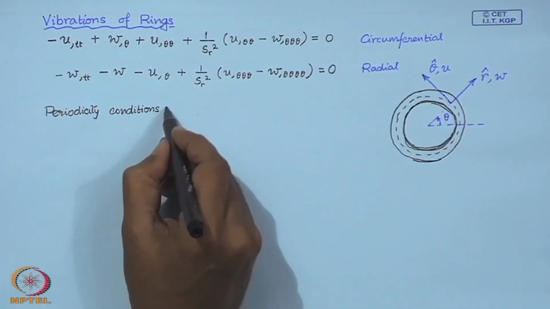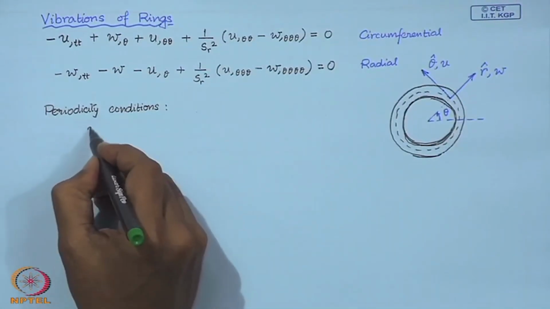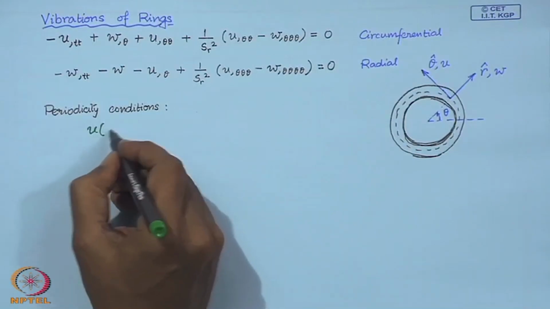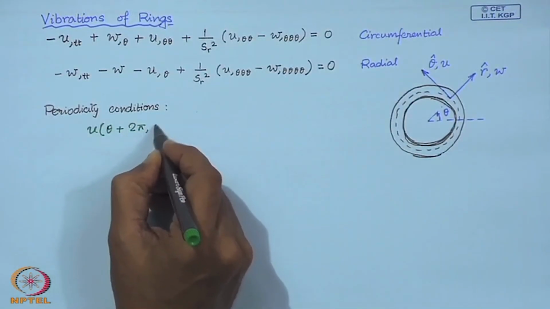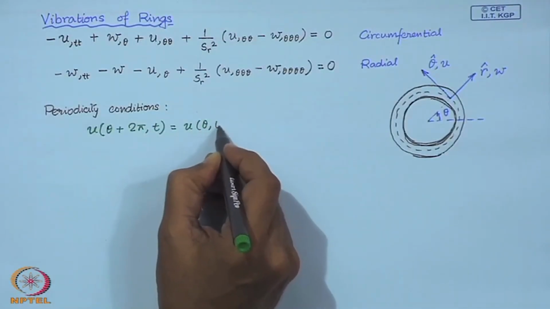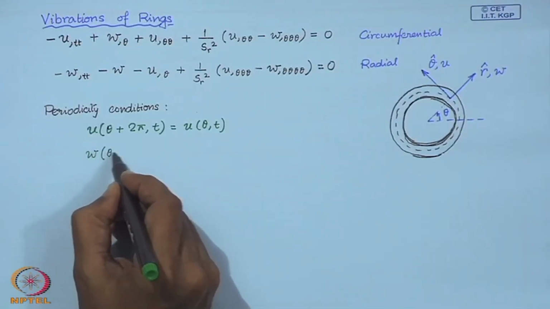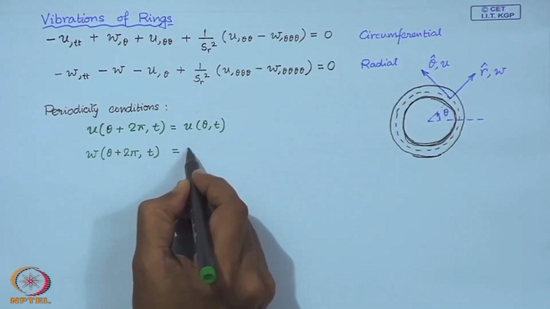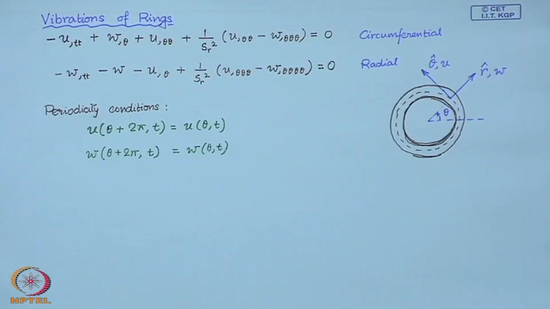So, we have the periodicity conditions on the field variables.